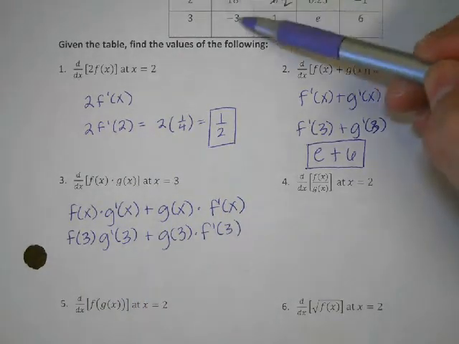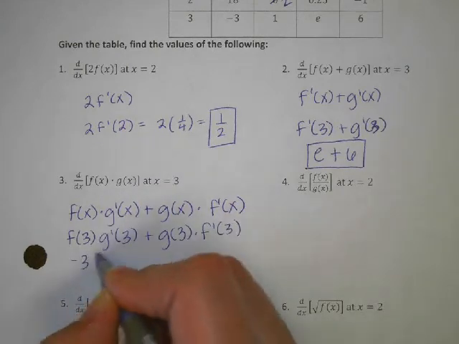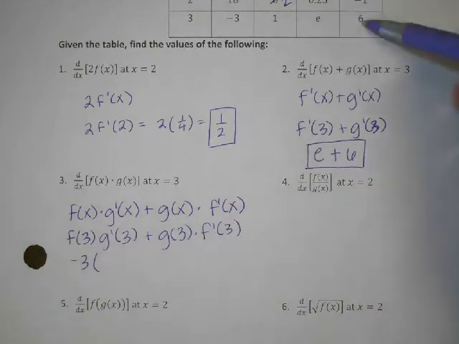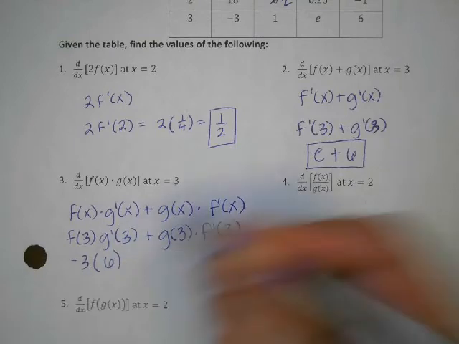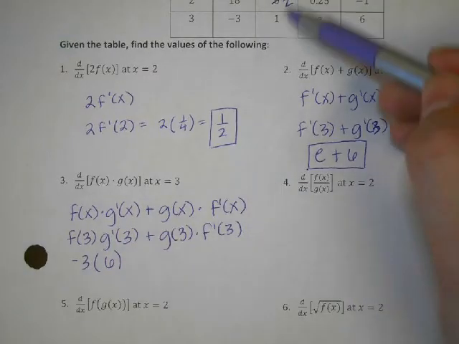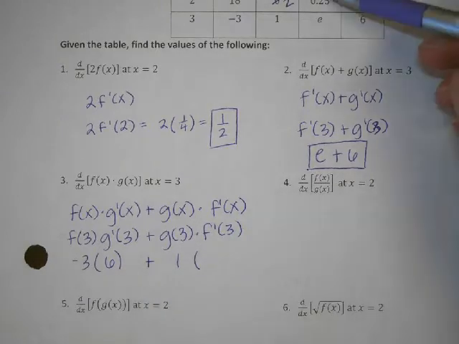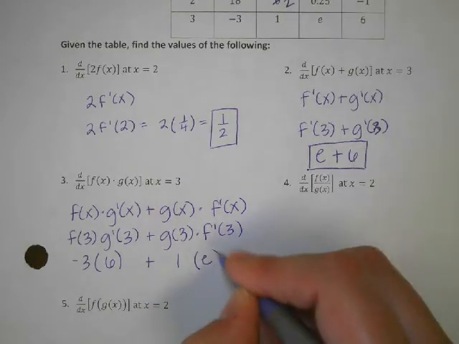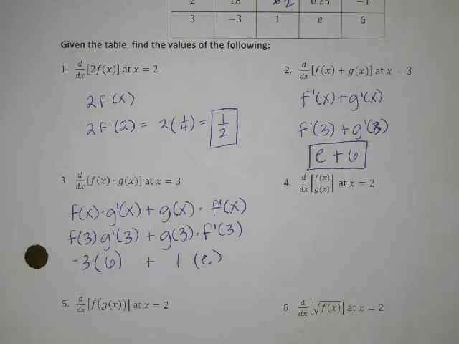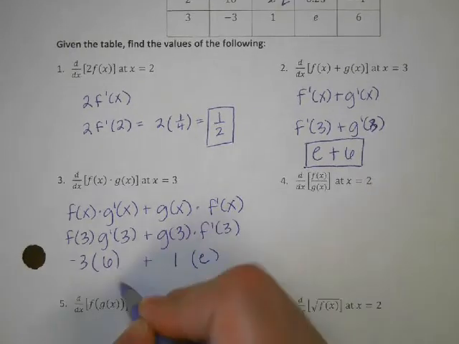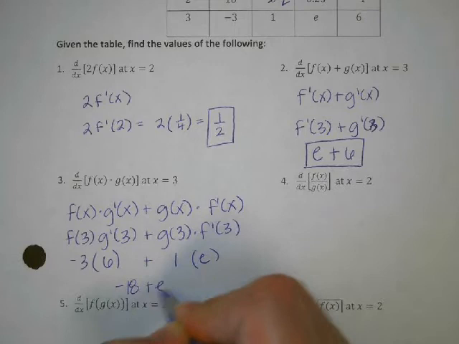F of 3 is -3. G prime of 3 is 6. G of 3 is 1. And f prime of 3 is e. So the derivative evaluated at 3 would be -18 plus e.